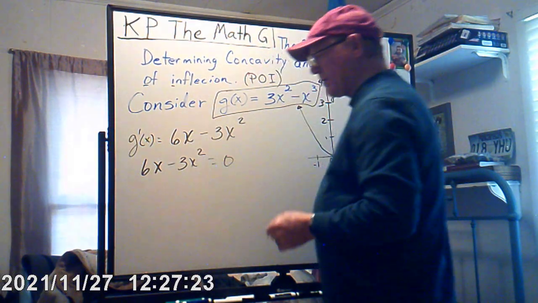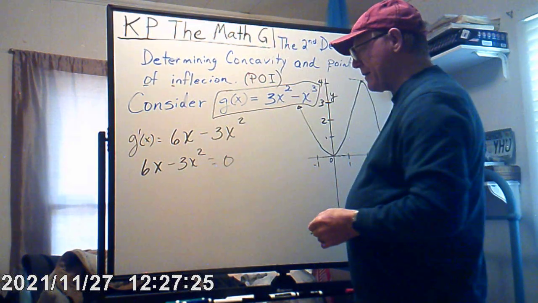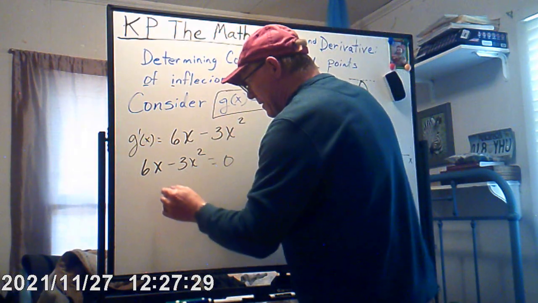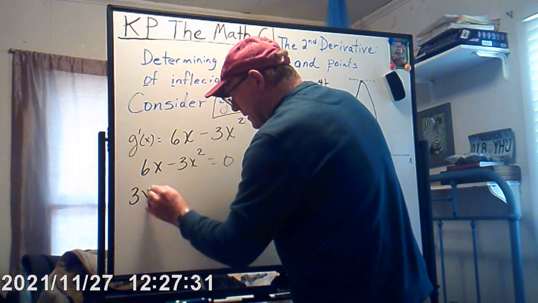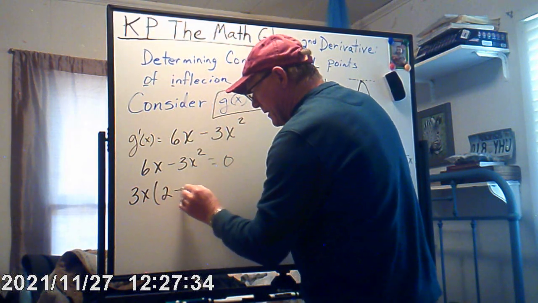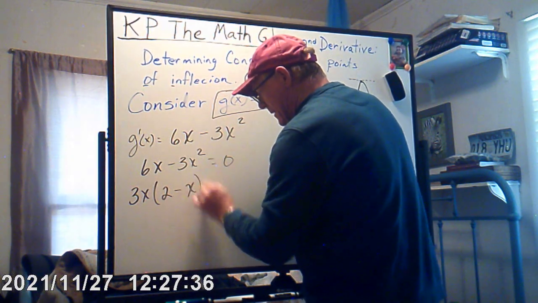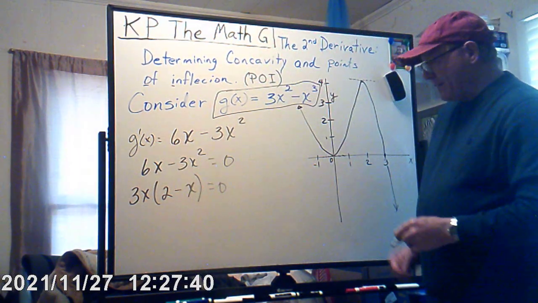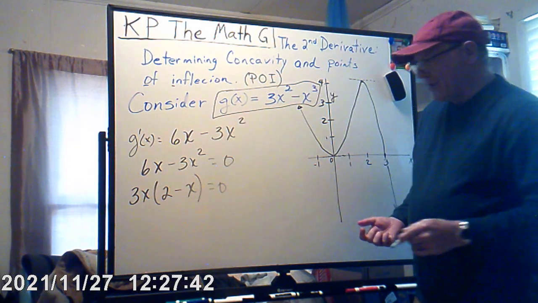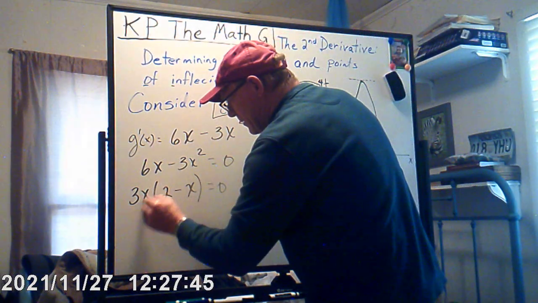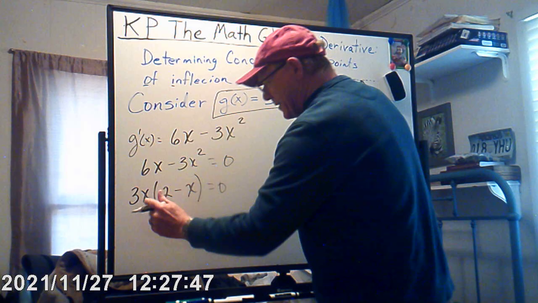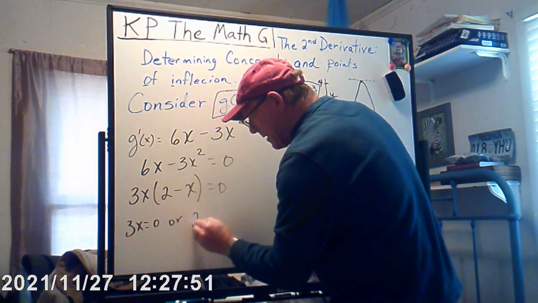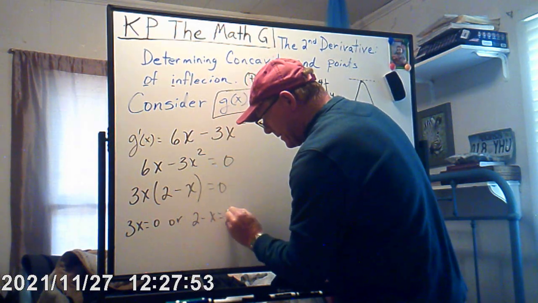And we're going to solve a little bit. If we do this, let's take out 3x. That's going to leave us with 2 minus x equals 0. And notice something here as we solve. This means that if a times b equals 0, then a equals 0 or b equals 0.